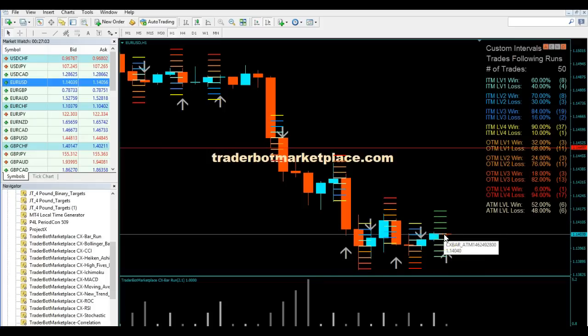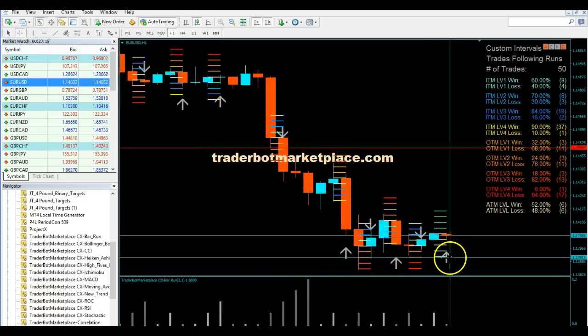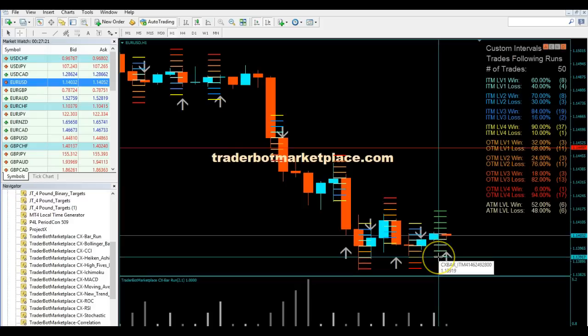They are 3 pips wide, so that means 3, 6, 9, 12. It has a 90% probability, if you're going to do an in the money trade, of not closing below this area right here, which is 113.91. 90% probability that it will not close down there.